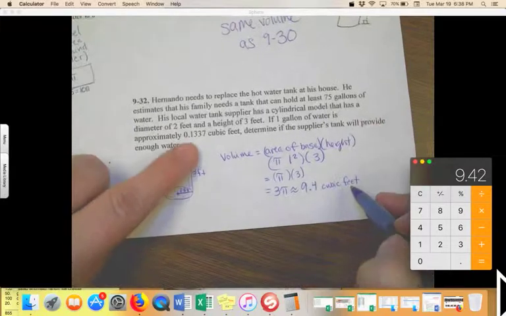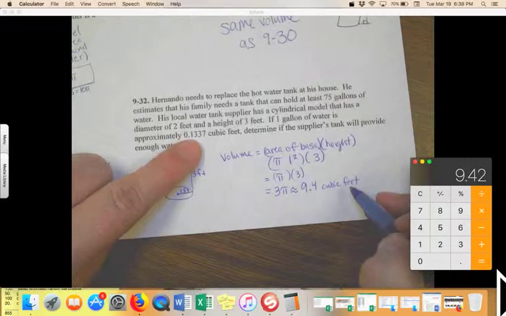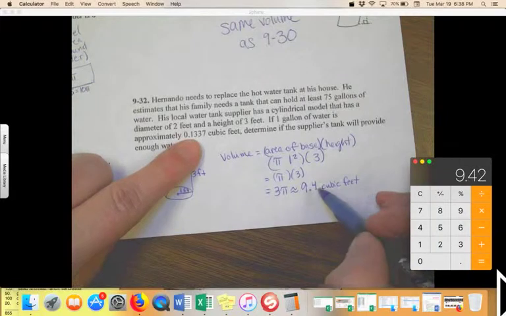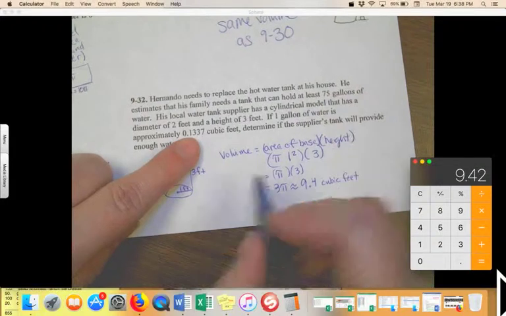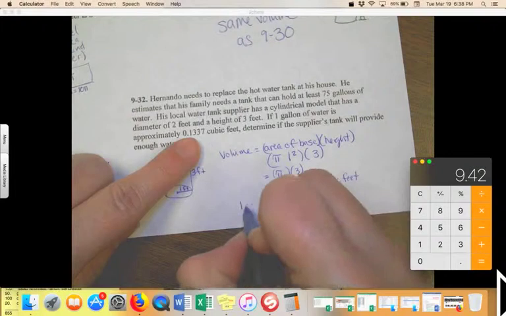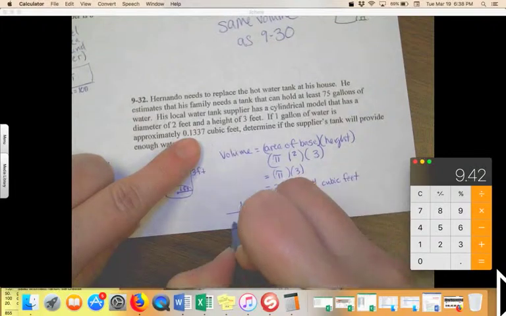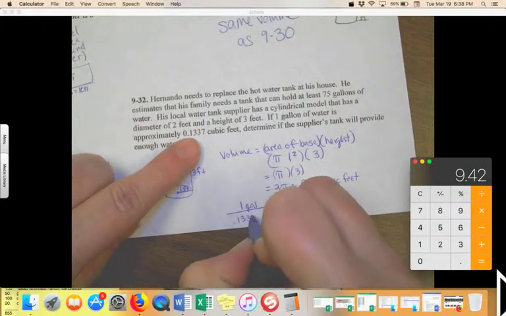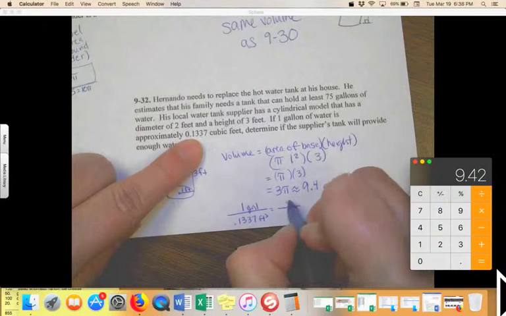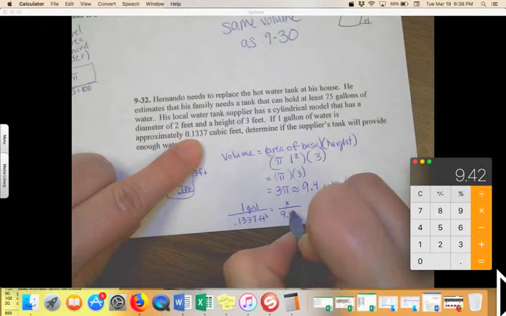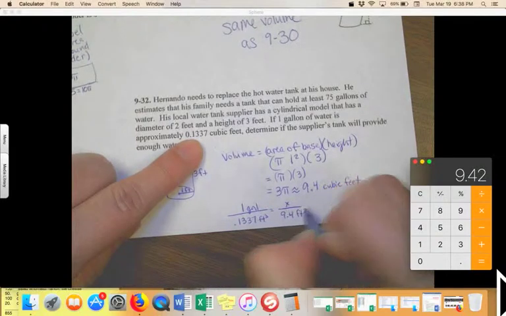Okay, if 1 gallon of water is approximately 0.1337 cubic feet, then how many gallons is in 9.4 cubic feet? We need one that holds at least 75. So let's set up a proportion. If 1 gallon of water is 0.1337 cubic feet, then how many gallons is in 9.4 cubic feet?